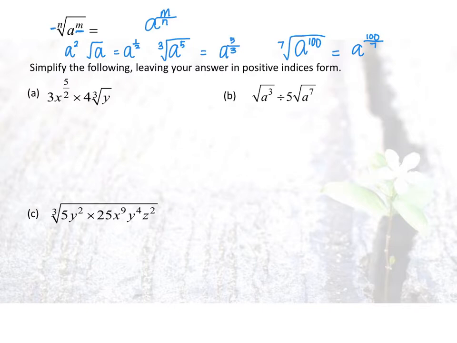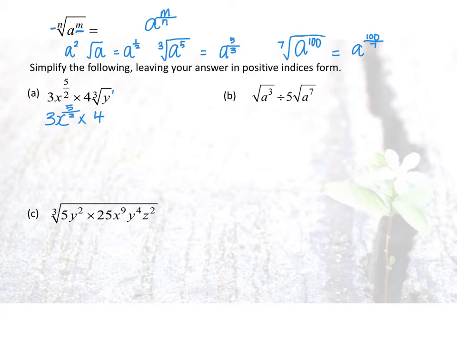Simplify the following, leaving your answer in positive indices form. Let's take a look at 3x to the power of 5 over 2. This is already in index form, so we are not going to change this. We'll leave it as it is. Times 4 cube root of y. So this is actually 4 units cube root of y. When we take the cube root, what happens to our power?